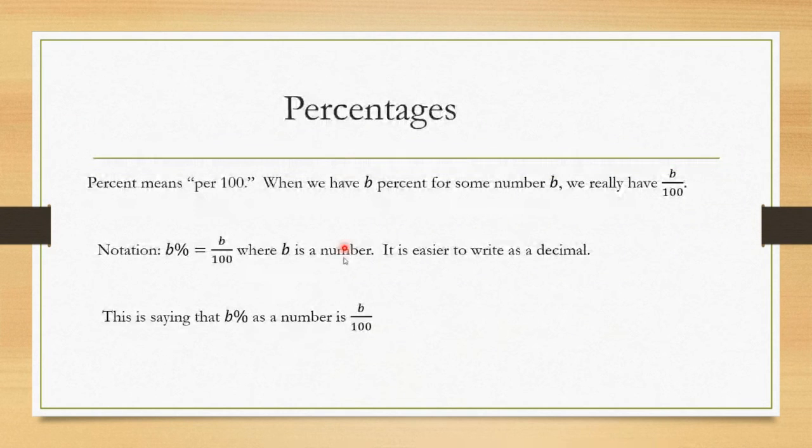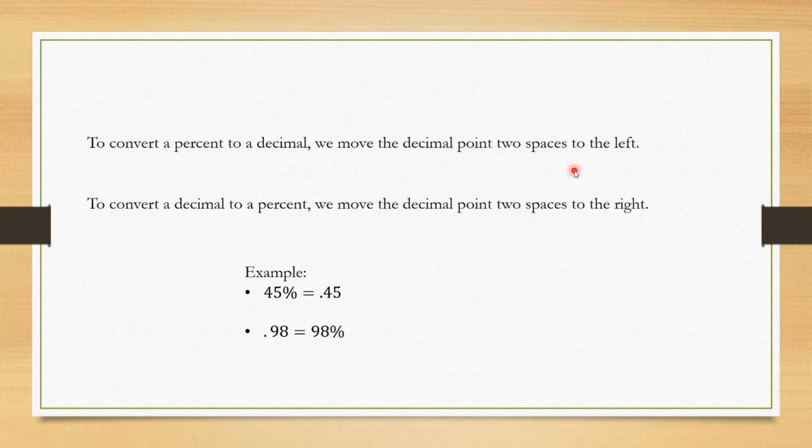What's actually happening is if you have B percent, you really have B over 100, which as a decimal means you move the decimal point 2 spaces to the left. And to go the other way, if you have a decimal and you want to convert that to a percent, you move the decimal point 2 spaces to the right.